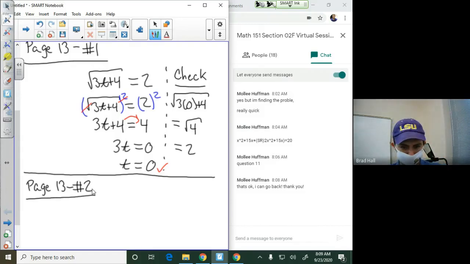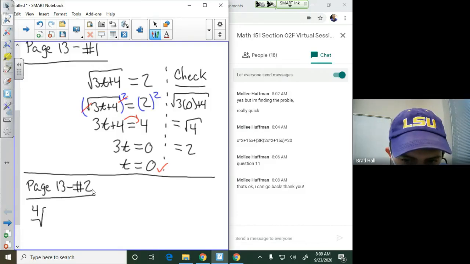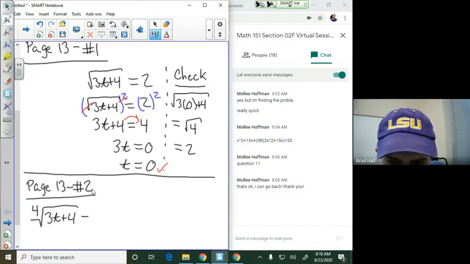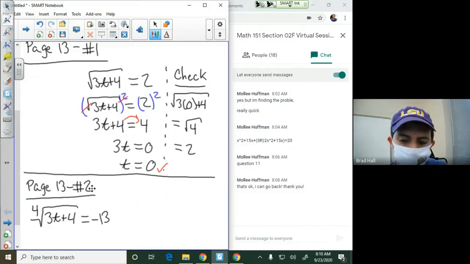So this is the next one I assigned. It's fairly similar. You have the 4th root of 3t plus 4, so same radicand, just different roots. Instead of a square root, it's a 4th root. And it says that this is equal to negative 13.